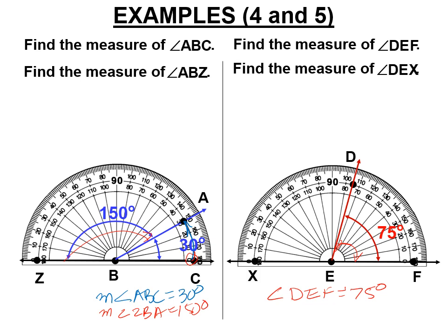And measure of angle DEX is the other side, so it better add up to 180. Angle DEX. Now, what would add up to 180? 105 degrees, wouldn't it? Let's see if that's right. All right, so halfway between 70 and 80 was 75. Halfway between 100 and 110 is 105 degrees.